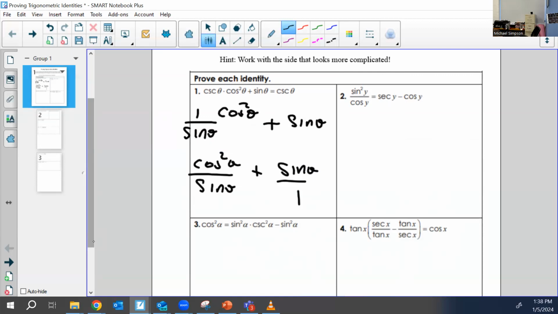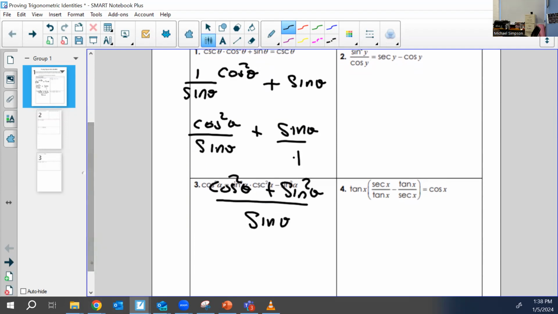Combine them, right? My LCD is sine, and with the shortcut, 1 times cosine square is, plus sine times sine is, that is 1.